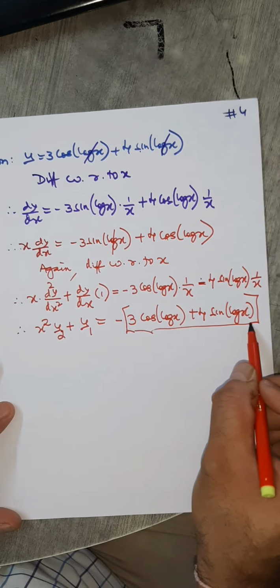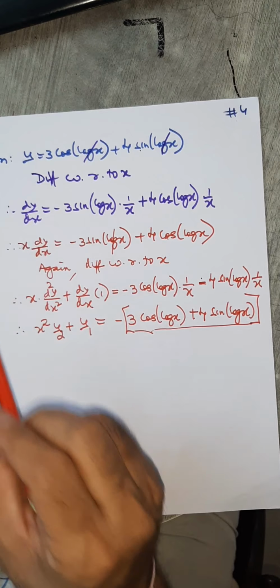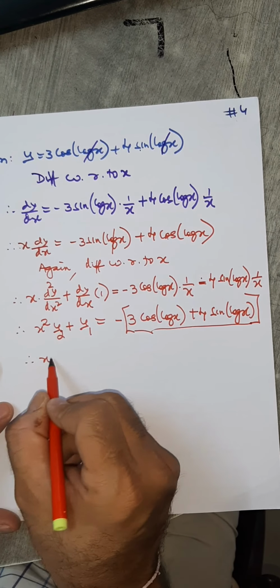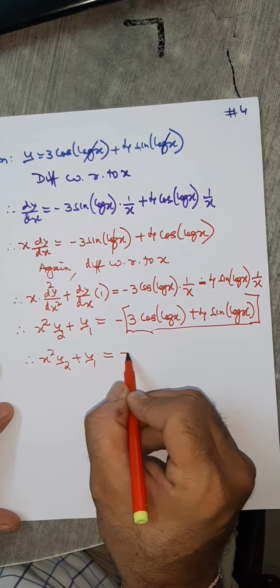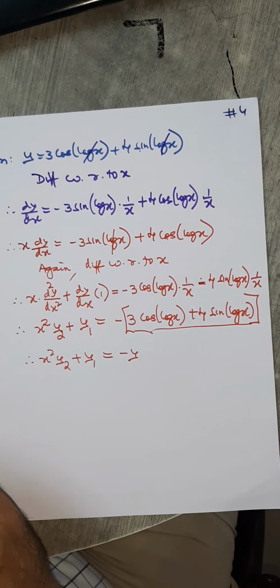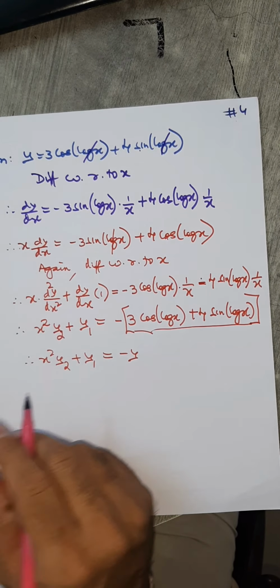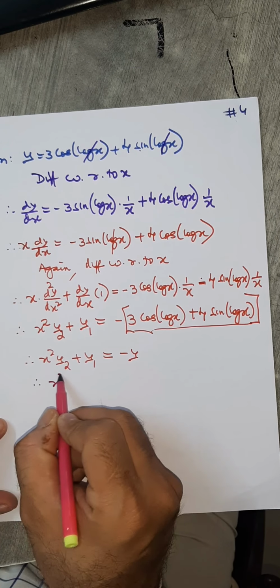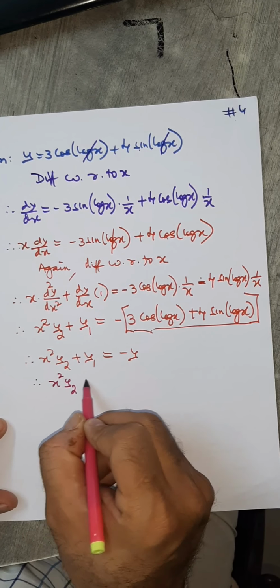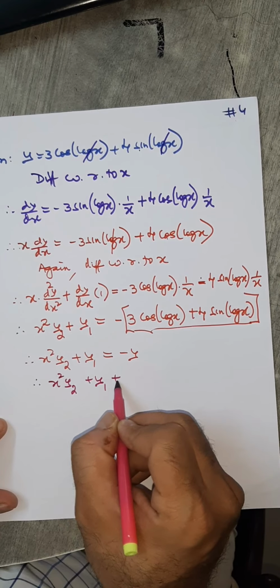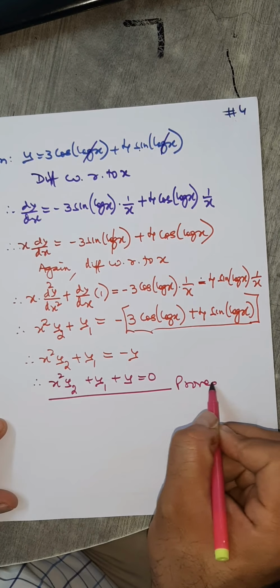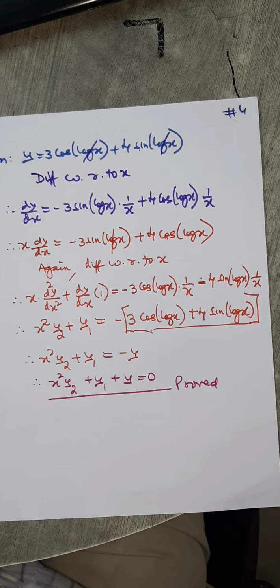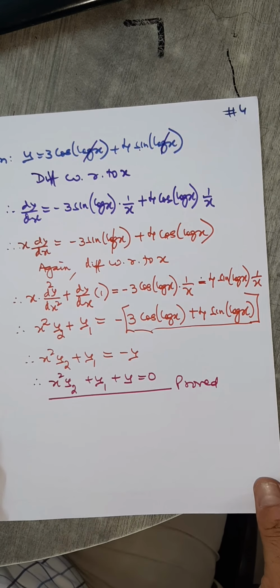Bracket is just nothing but y. So therefore x square y2 plus y1 equals minus y. And therefore finally we are getting x square y2 plus y1 plus y equals 0, proved. This is what the proof.